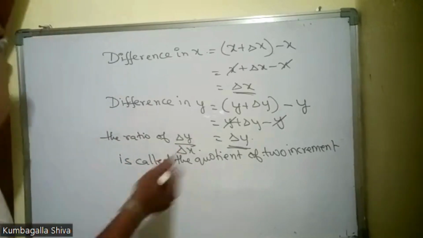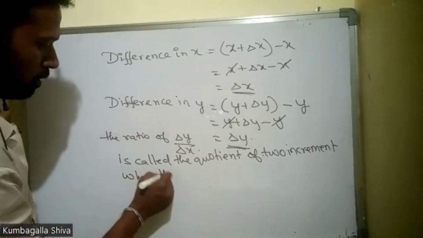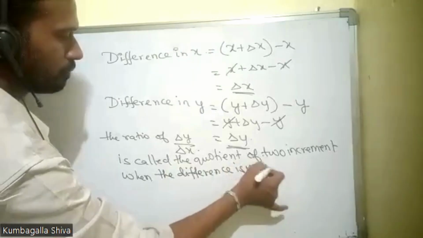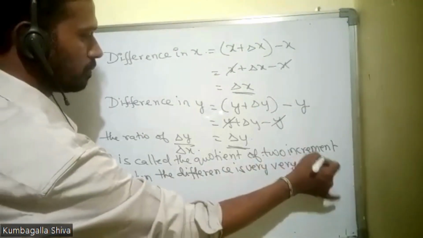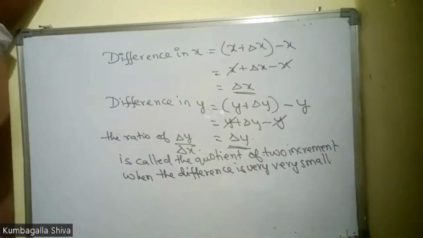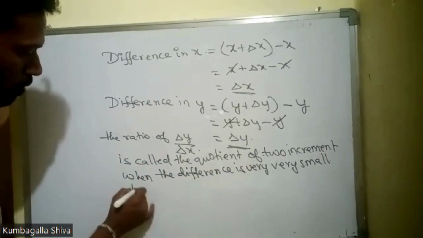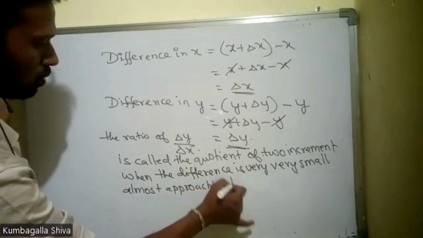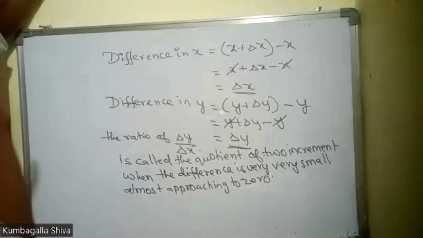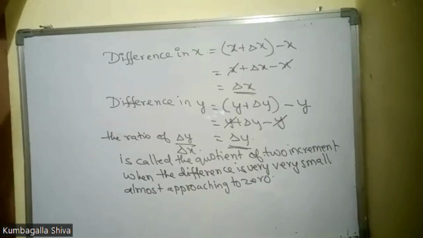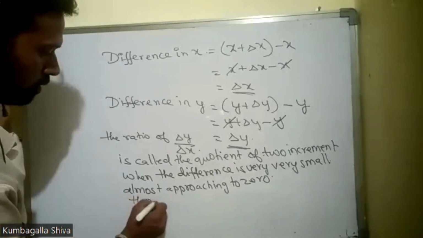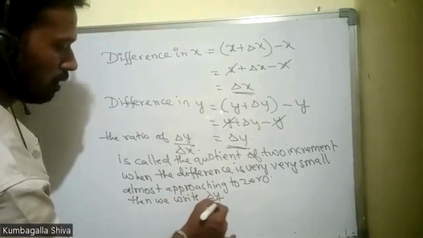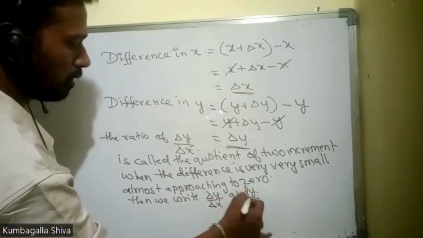When the difference is very small, almost approaching zero, then we write delta y by delta x as dy by dx.